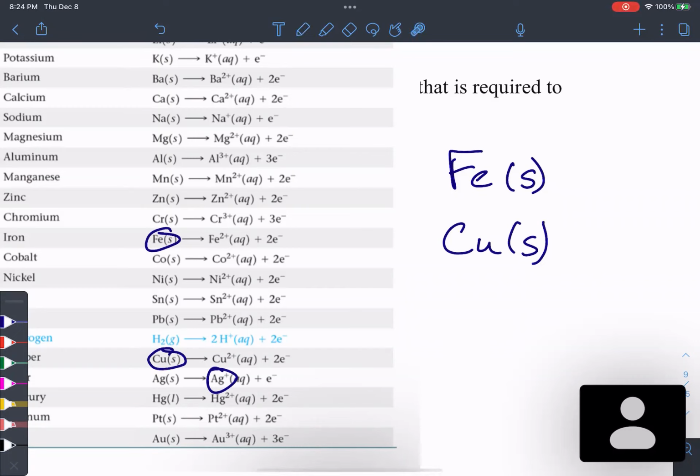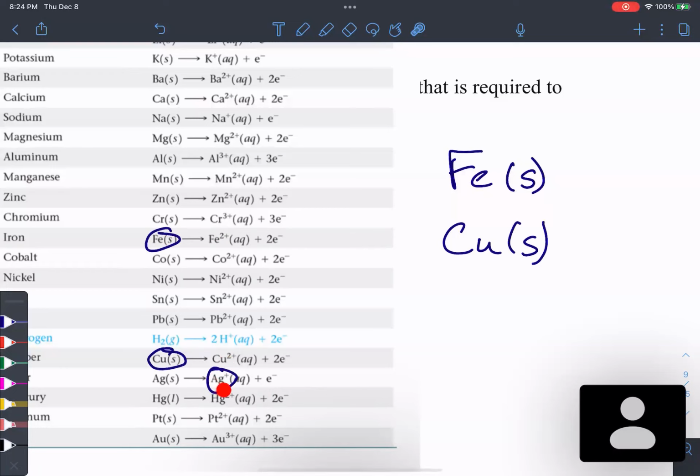Yes, it will, because the metal is above the cation. Will silver plus react with iron? Yes. So if both of them react, we get iron 2 plus and copper 2 plus. Now they're in the solution. Does that help me at all in separating them? No, I had 2 solids.